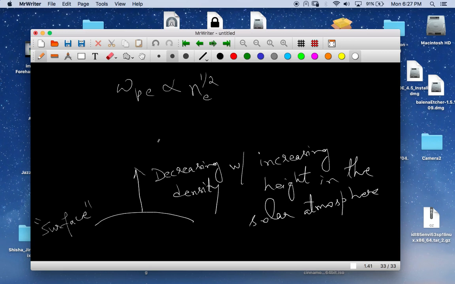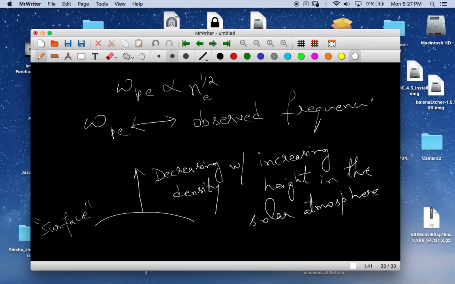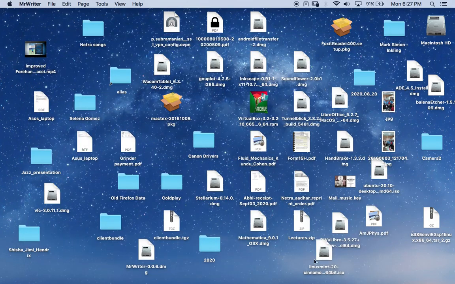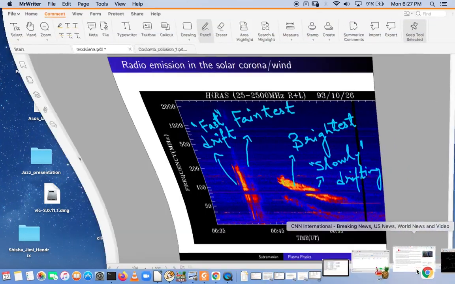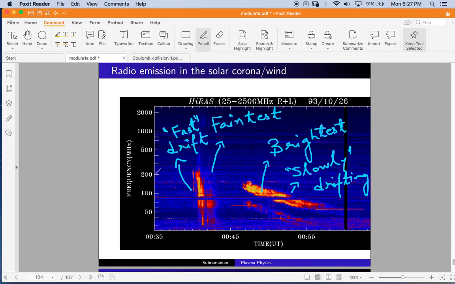Now, if you make the one-to-one correspondence that the omega PE is the observed frequency. In other words, the frequency emission that you're observing, if you're observing emission, say at 200 megahertz, say somewhere here, okay, this is actually plasma frequency.